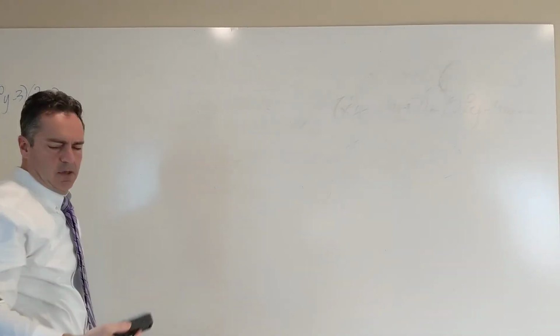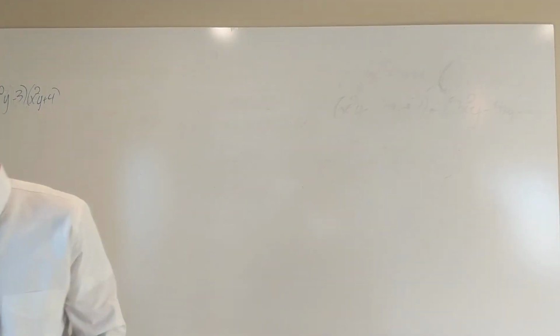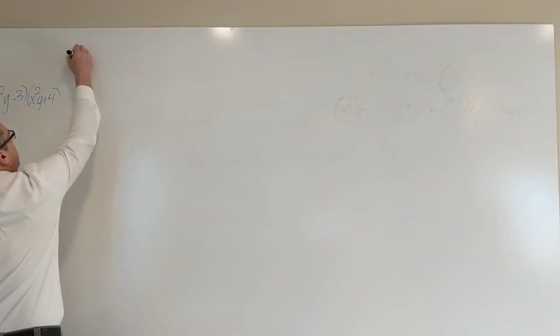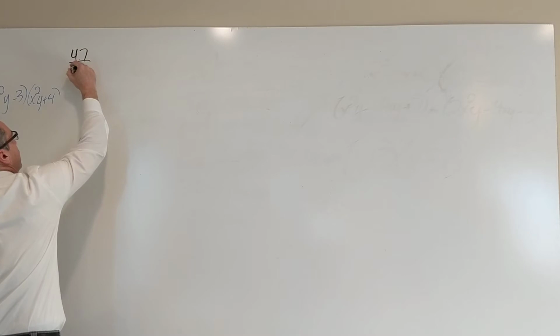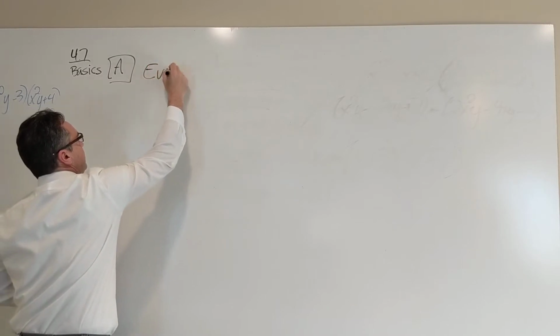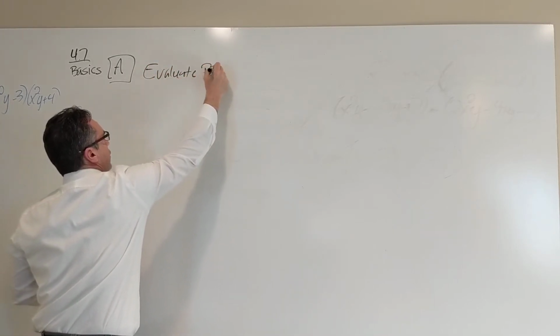Okay, so you're on page 371 with me. Part A, so we talked about this. Again, in section 4.7, we're reviewing the basics. In part A, they ask us to evaluate the polynomial.